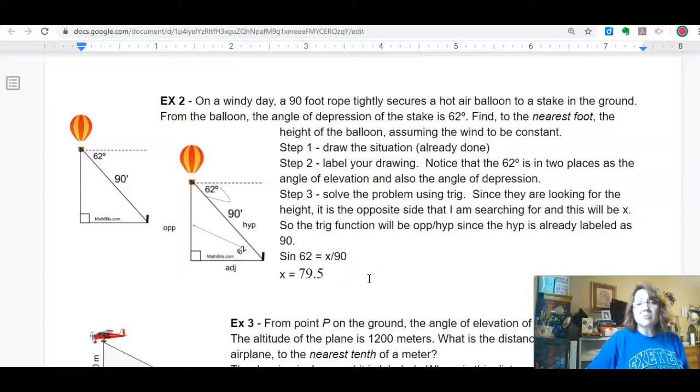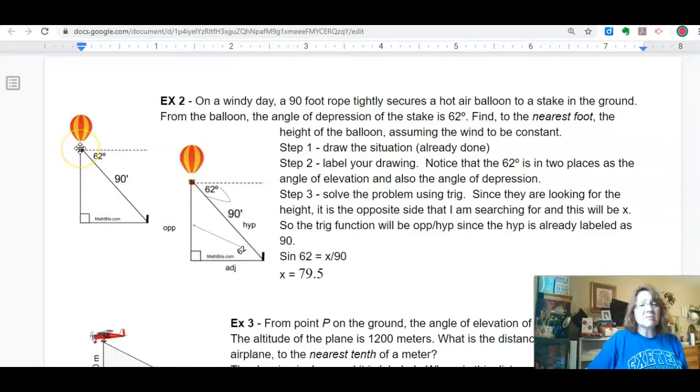So we have a hot air balloon. There's a 90-foot rope. So the rope is right here. Here's a person hanging on to the balloon, holding on to the rope that goes up to the balloon. So that's why the 90 is there. Or actually, there's a stake in the ground. Sorry. From the balloon, the angle of depression is 62.